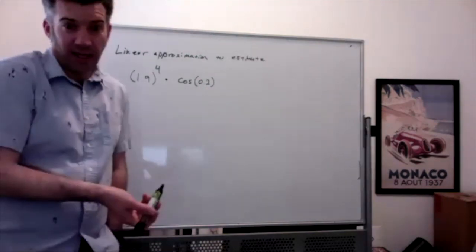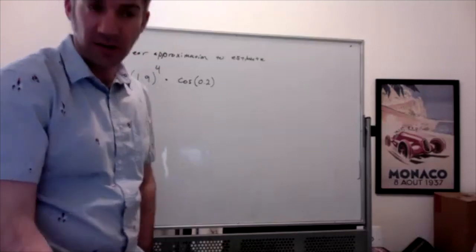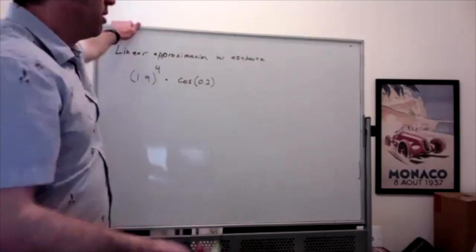There is a homework problem like this. When they say find the tangent plane equation, that means yes, the tangent plane equation and the linearization are literally the same thing.